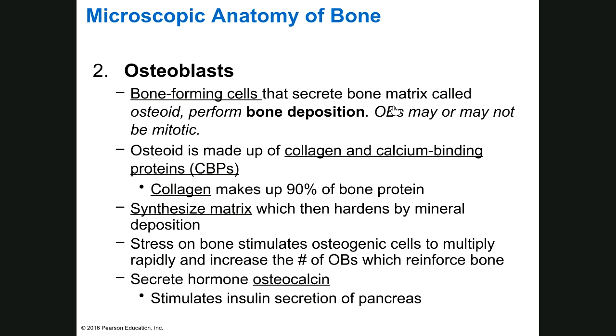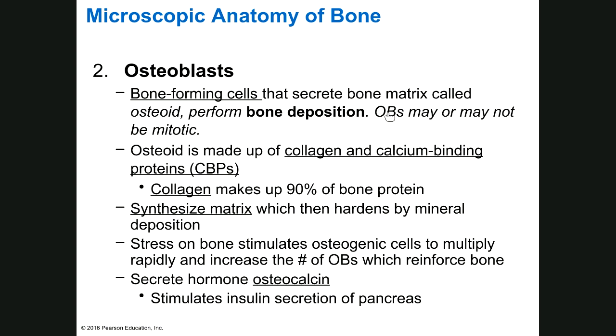If an osteoblast is mitotic, that means that it will differentiate into an osteocyte. But it is important to keep in mind that we have a very large population of osteoblasts that are not mitotic. That is because we have to keep these osteoblasts forever, because they do this very important job of bone deposition.